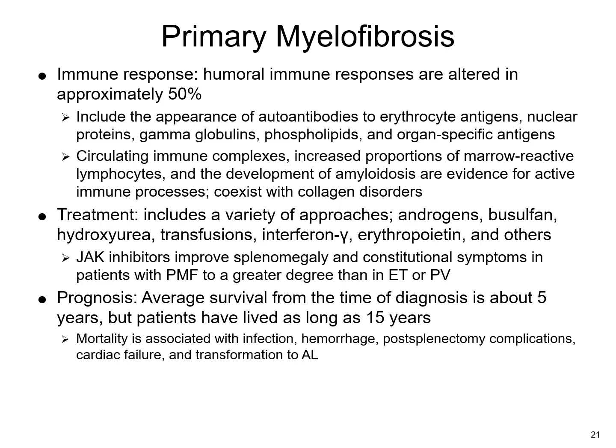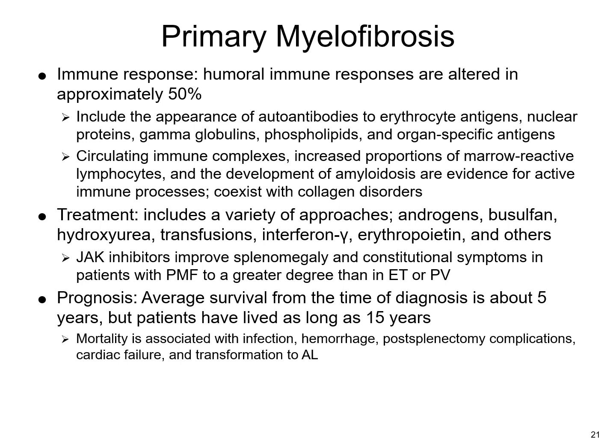One that stands out is the JAK inhibitors, which will improve the splenomegaly and help with symptoms in the primary myelofibrosis patients more than they do with essential thrombocythemia and polycythemia vera.